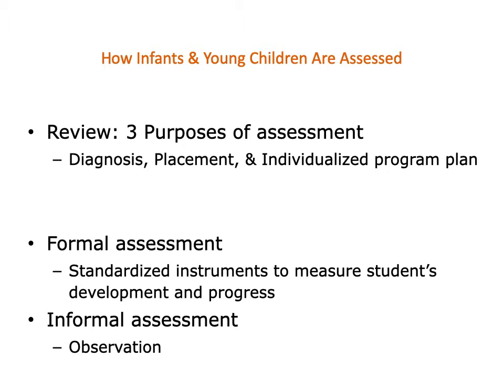Teachers just observe how their students are doing with, for example, worksheets or play materials, and they write down their observation in an objective way. Formal assessment is when standardized tests are used for the measurement and evaluation of students' development and progress.